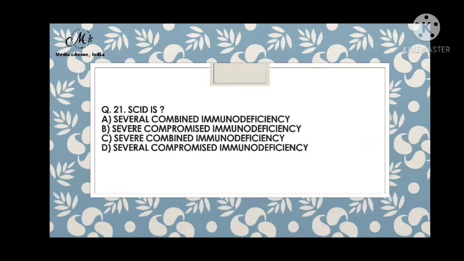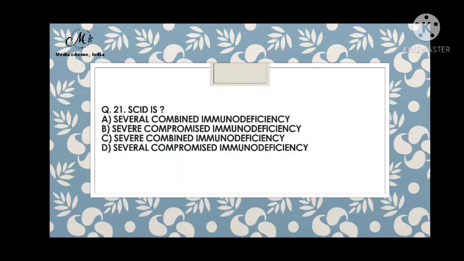Nothing to explain here. SCID, abbreviation is given and you have to find the full form. Several combined immunodeficiency, severe compromised immunodeficiency, severe combined immunodeficiency, several compromised immunodeficiency. Just see what is played with the words.